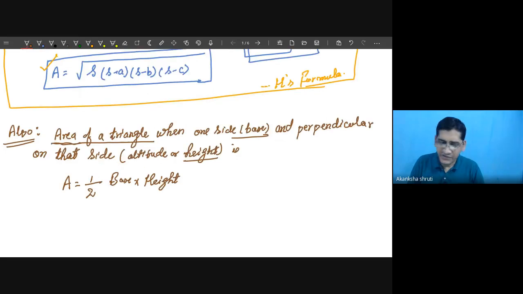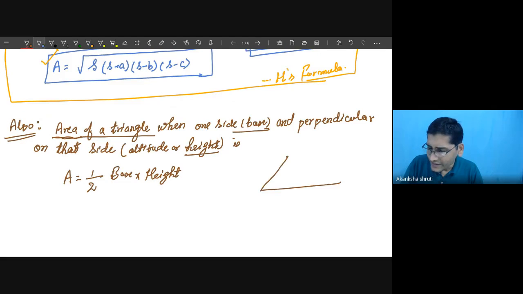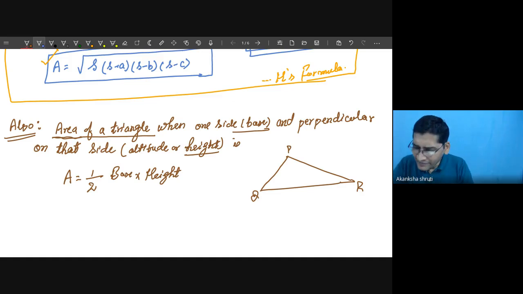So if we are considering a triangle, say PQR, then we need to first find the height H. This height is the distance of the vertex P from the side QR.